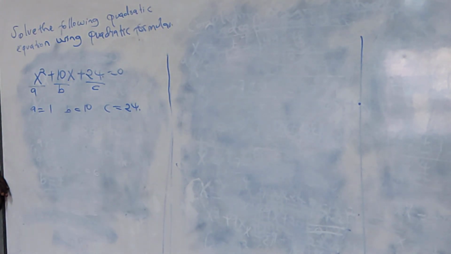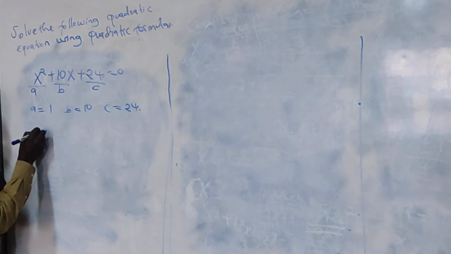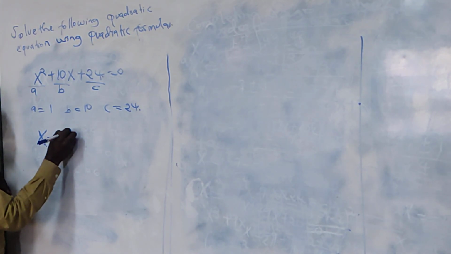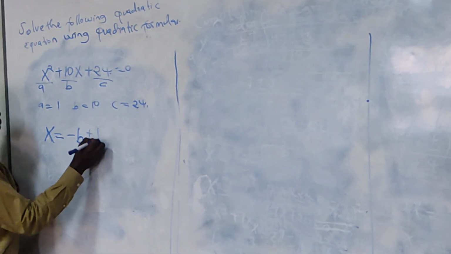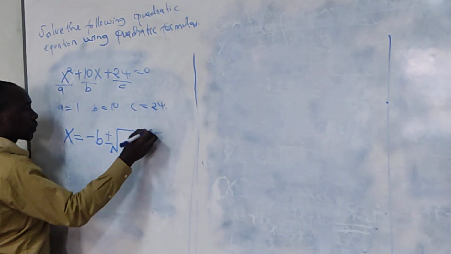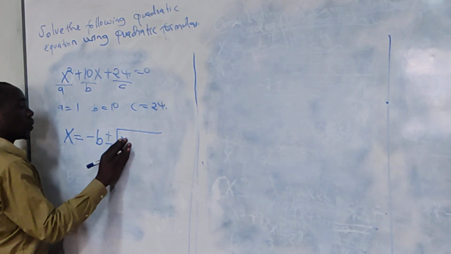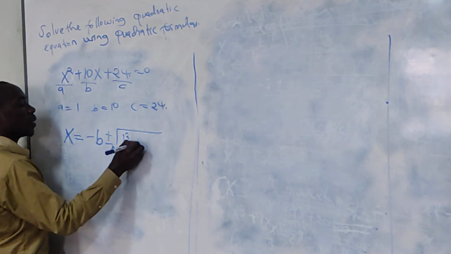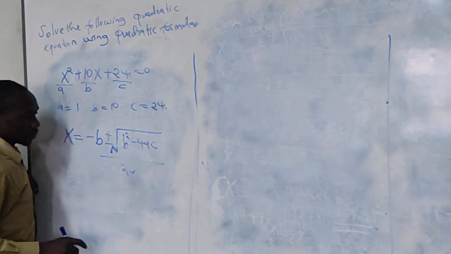We know very well that the quadratic formula says that the value of x should be equal to minus b plus or minus the square root of b squared, not x squared, minus 4ac, everything over 2a.